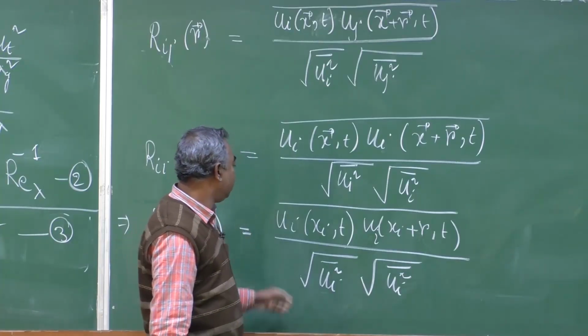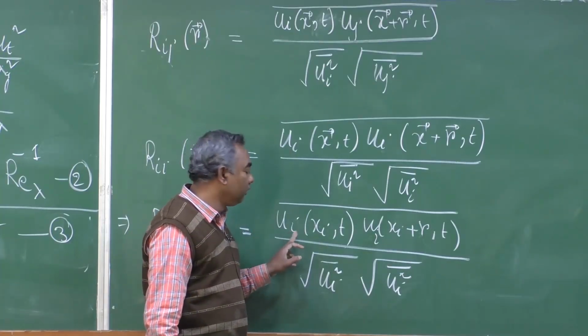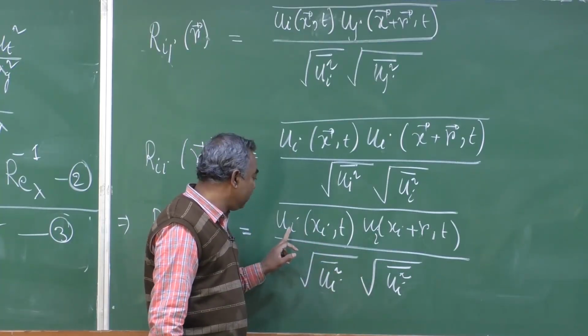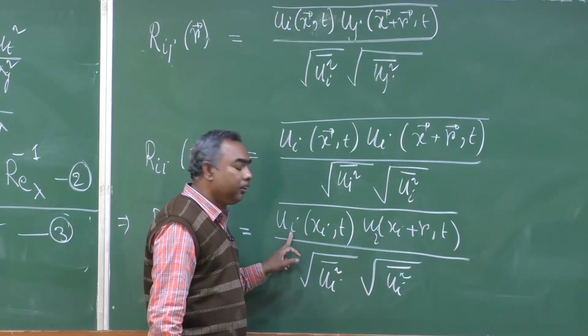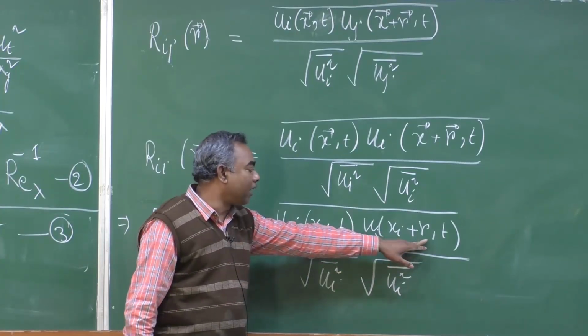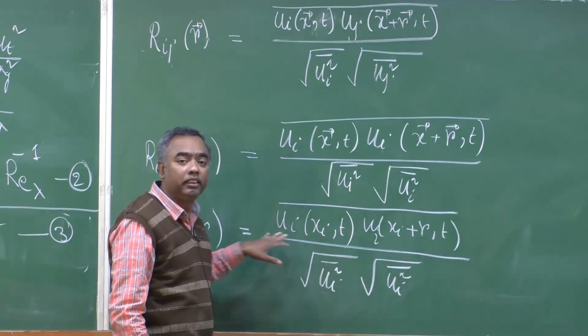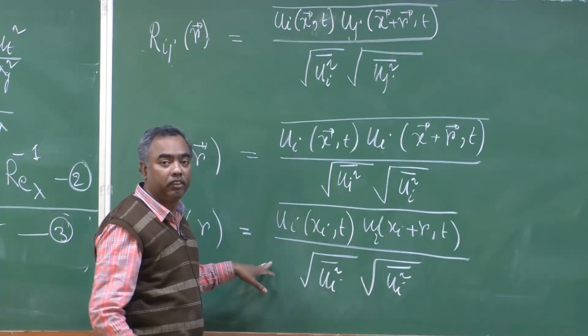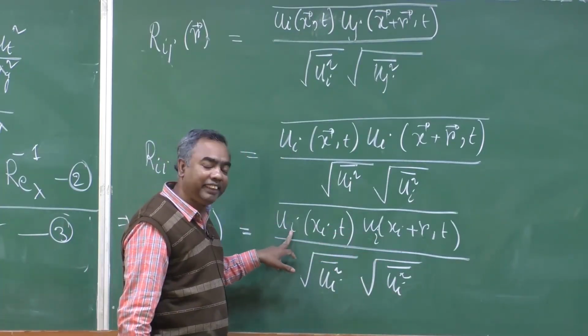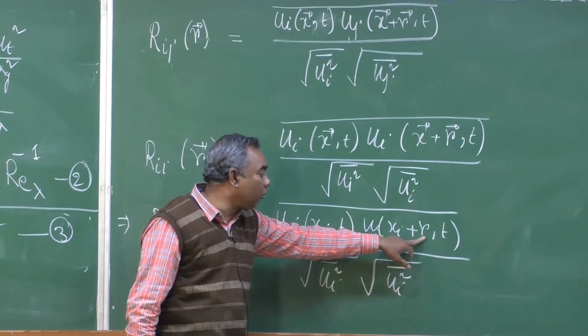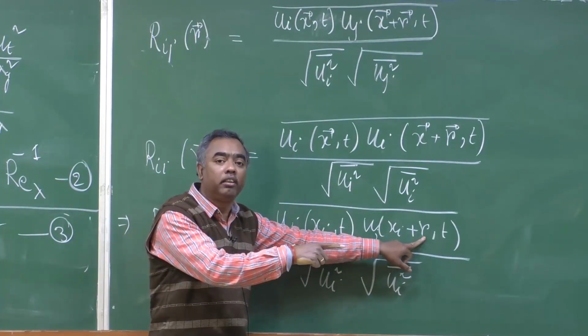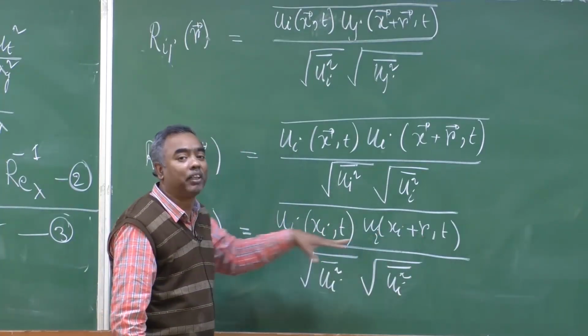Whereas if it is u1, but r goes in the direction of x2, then it is transverse correlation. Similarly, if it is u2 and r goes in the direction of x1, then it is transverse correlation.